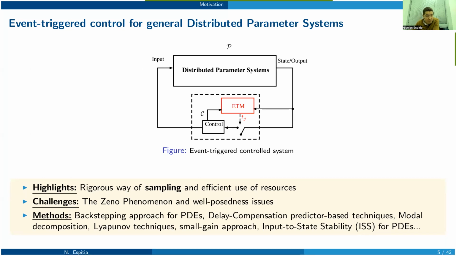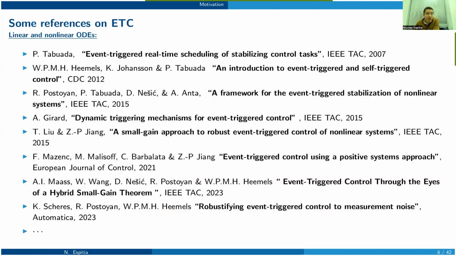And it's worth mentioning that most of the ideas and strategies developed for event-triggered control of distributed parameter systems draw inspiration from what has been done for finite dimensional systems, I mean, for linear and nonlinear ODEs.